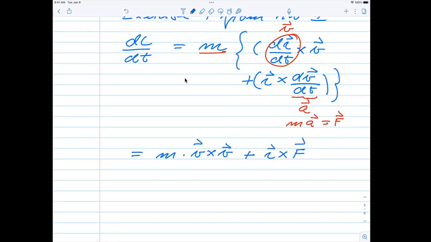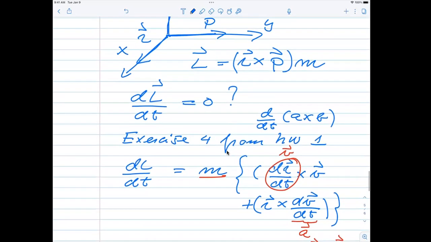So let me now ask you one thing. What is the cross product of the vector itself with itself? Let me see before we move on. Oh, sorry. You're right here. This is me, I'm confusing myself. There's a question in the chat here.